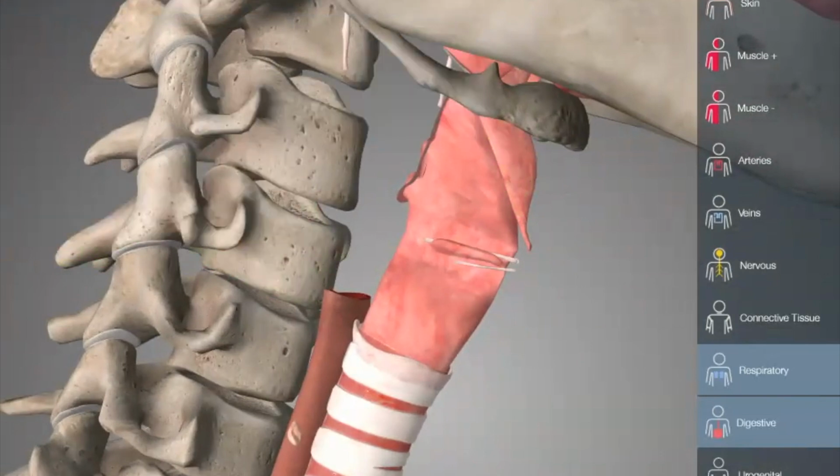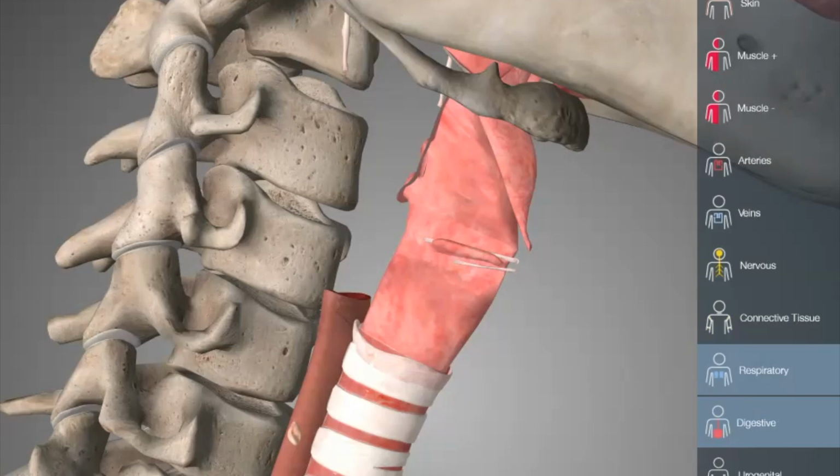Now, first, the internal cavity of the larynx is divided into three sections: the supraglottis, the glottis, and the subglottis.